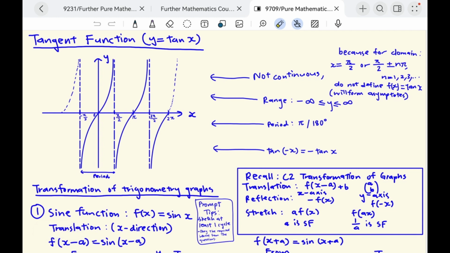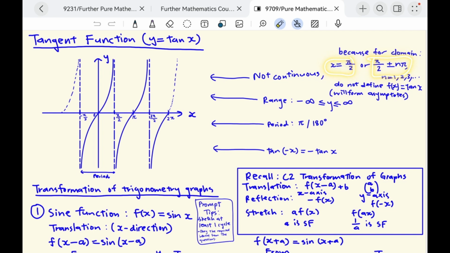The tangent function is not a continuous function, because to define the tangent function, the domain is all real numbers except for x equals pi over 2 or pi over 2 plus n pi.